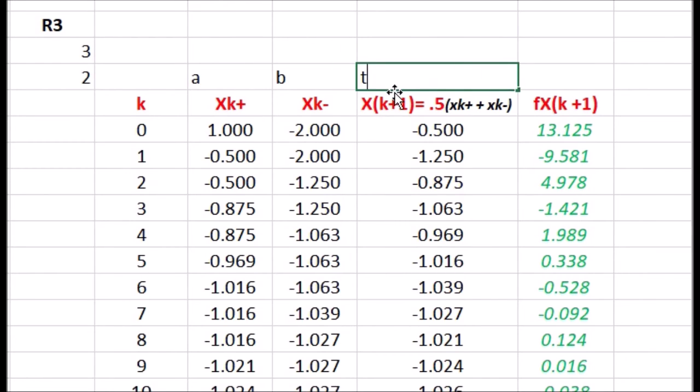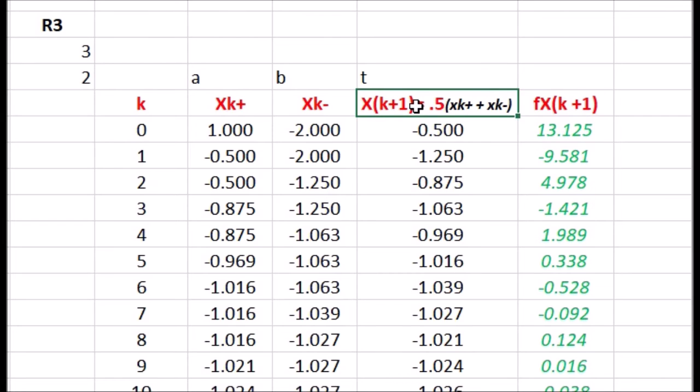Ito naman yung ating T, or yung interval. Take note yung formula natin for interval, that is your xk plus xk negative, or yung A and B, divide 2, kasi di po ba interval. And then, ito na yung ating f of x, yung value ng ating f of x, if ilalagay natin itong 0.5 or itong ating interval.